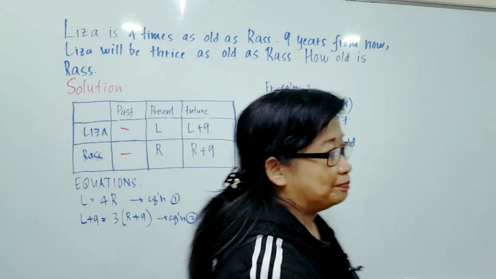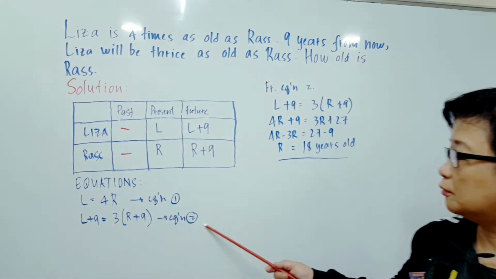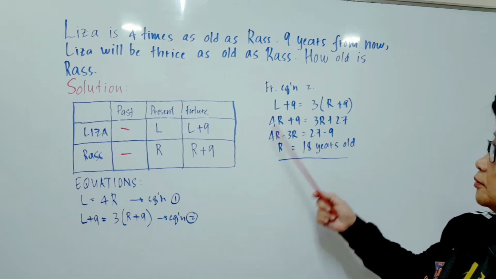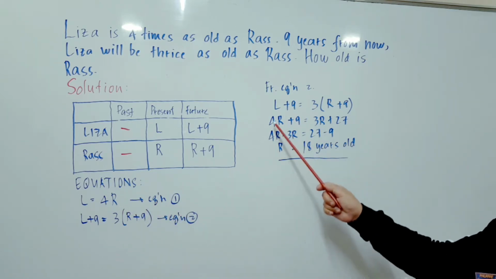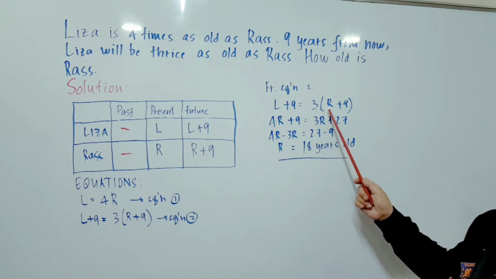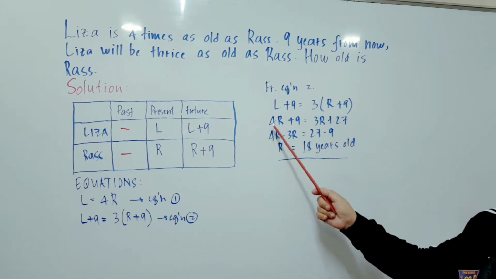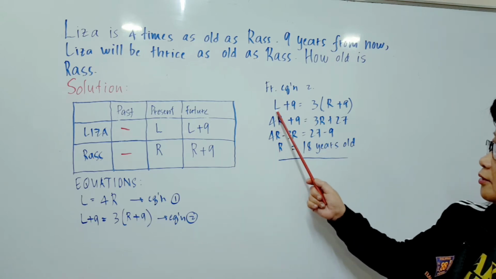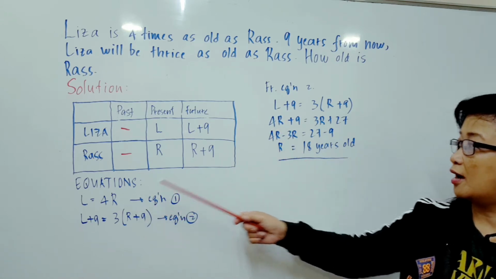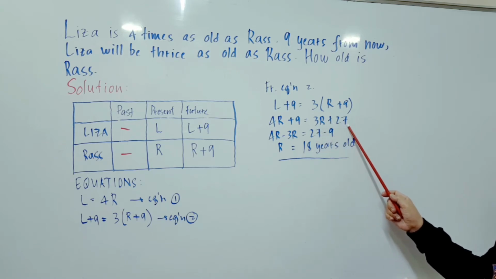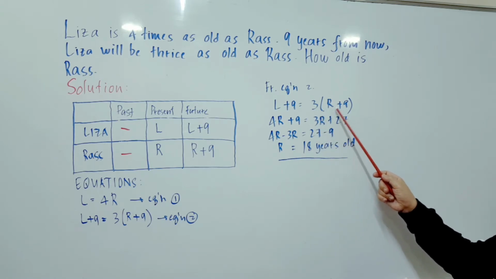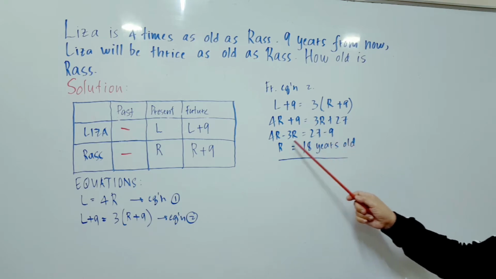Therefore, from equation 1, we can substitute the value of L. L plus 9 is equal to 3 times (R plus 9). Substituting the value of L, which is equal to 4R, 4R plus 9 is equal to 3R plus 27. 3 times R is 3R, 3 times 9 is 27.